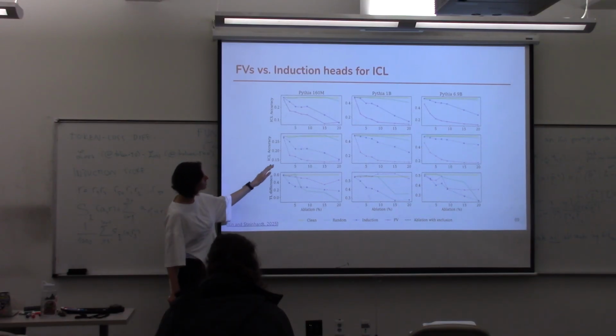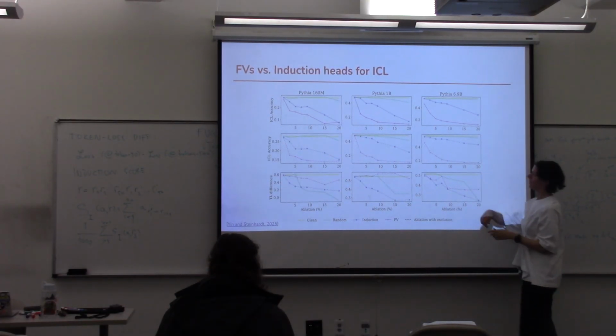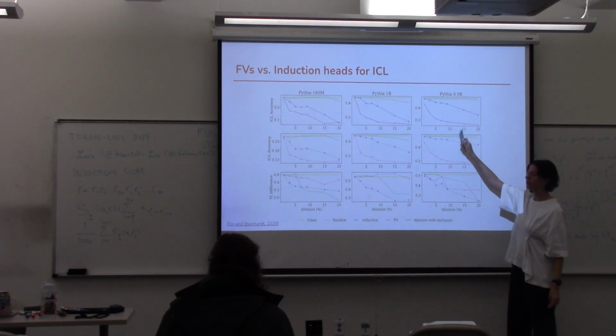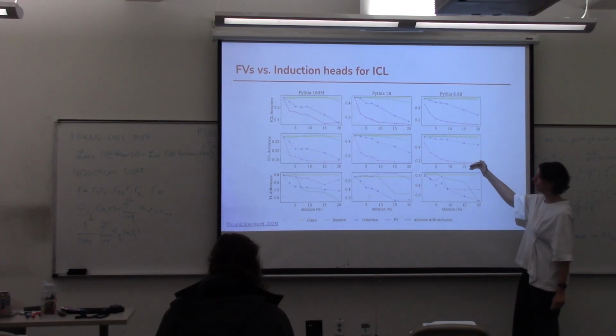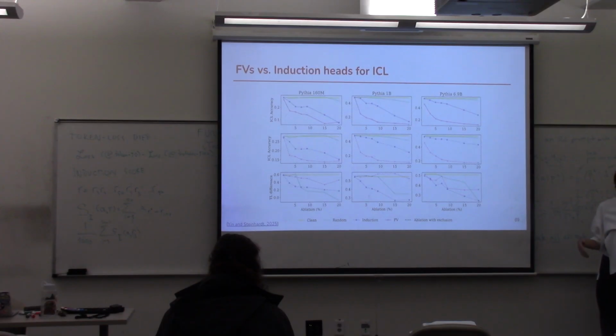And it almost seems like this gap widens as the model size gets larger, right? So in the larger models, it seems increasingly that the heads responsible for in-context learning are those that can be identified through function vectors and not through induction heads.